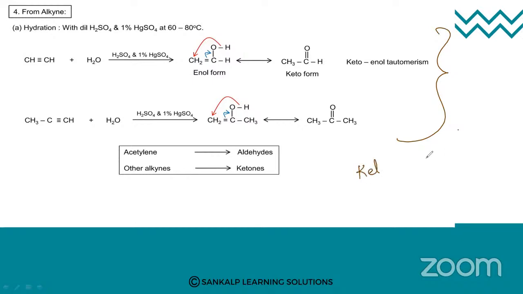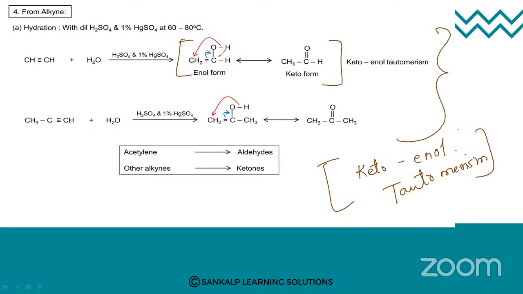It will undergo keto-enol tautomerism. The molecular formula will be the same. It has a double bond and an alcohol, and it can form a keto group also. So this is called keto-enol tautomerism. So about alkynes, let me explain the preparation in the next class.